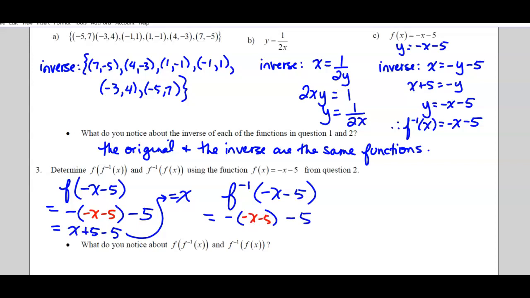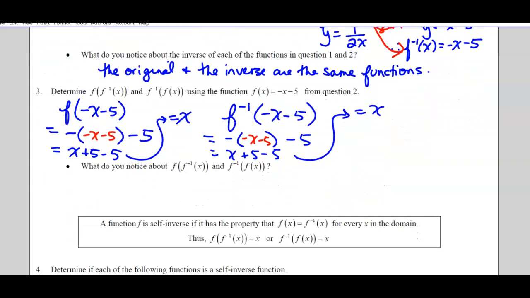Because f inverse and f are the same, our math is the same. We end up with x plus 5 minus 5 equals x.